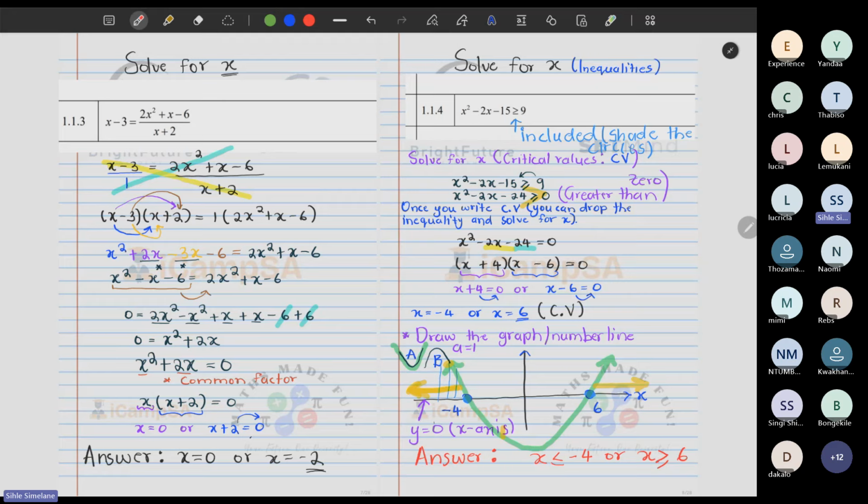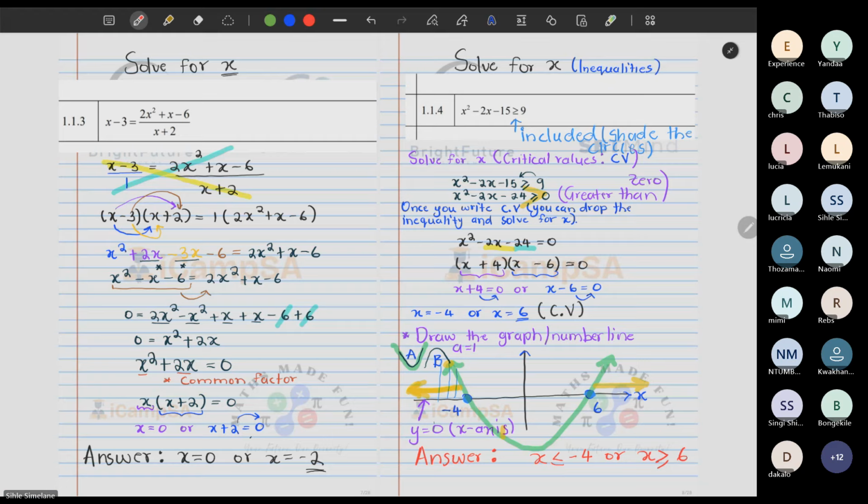So do you understand that the x-axis is the line where y equals 0? Yes. So meaning that horizontal line there is the y equals 0. So meaning above that line, we have y greater than 0. Do you agree? Meaning greater than 0 above that line. Yes. And below that line, because that line is the 0 line, below that line we have less than 0. Do you agree?